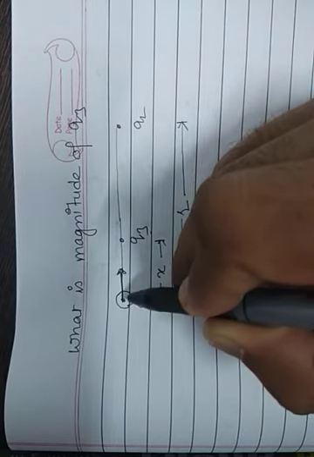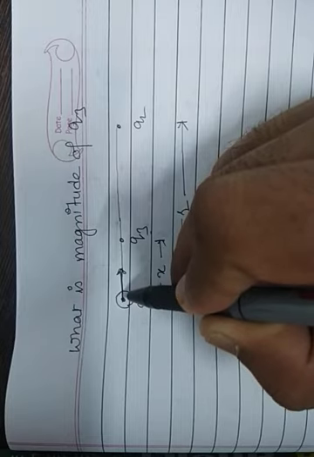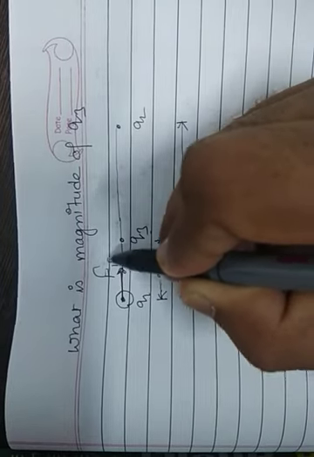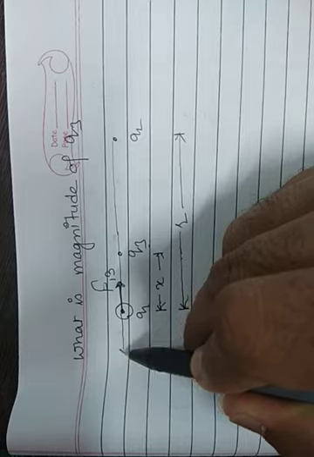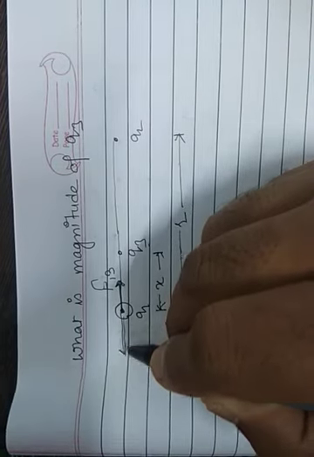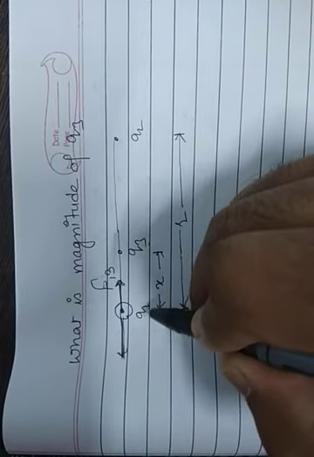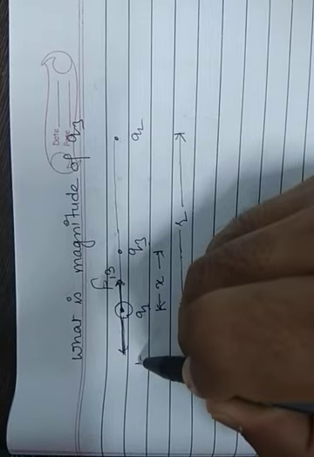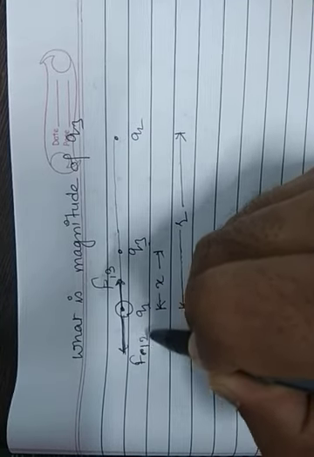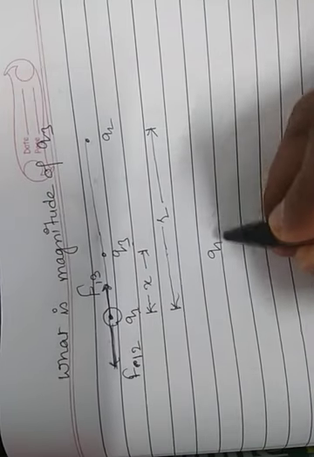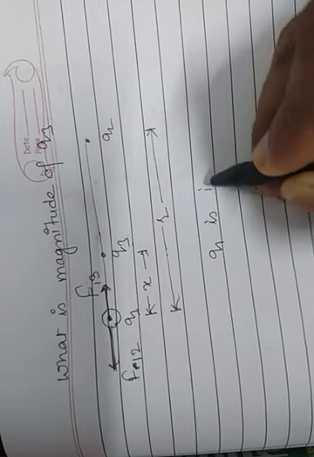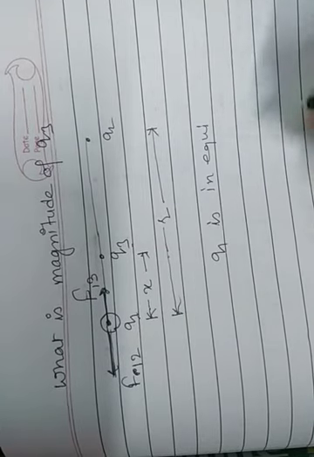So this is the force on q1 due to q3, F13, and this q2 will repel this q1, as q1 and q2 are of the same nature. So this is the force on 1 due to 2. As q1 is in equilibrium.